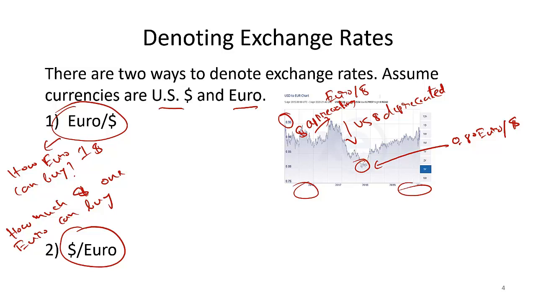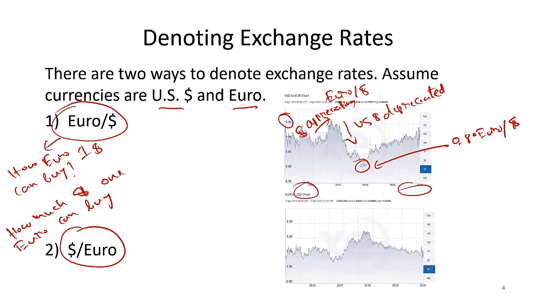Now that graph would look a little different. It is a mirror image, because now we are measuring dollar per euro, so you are measuring how many dollars the euro can buy.